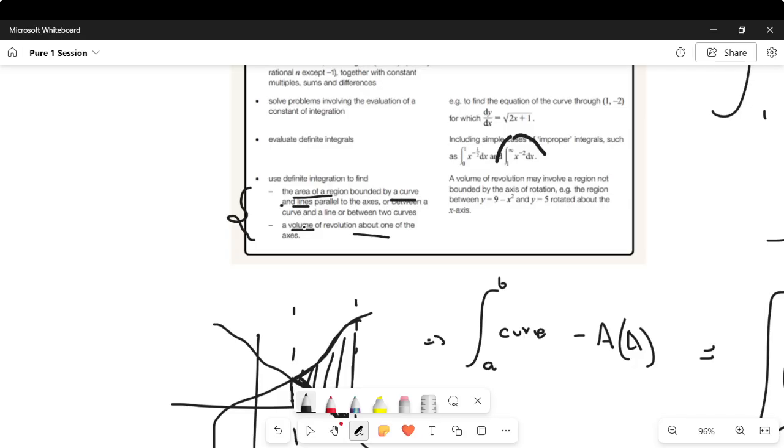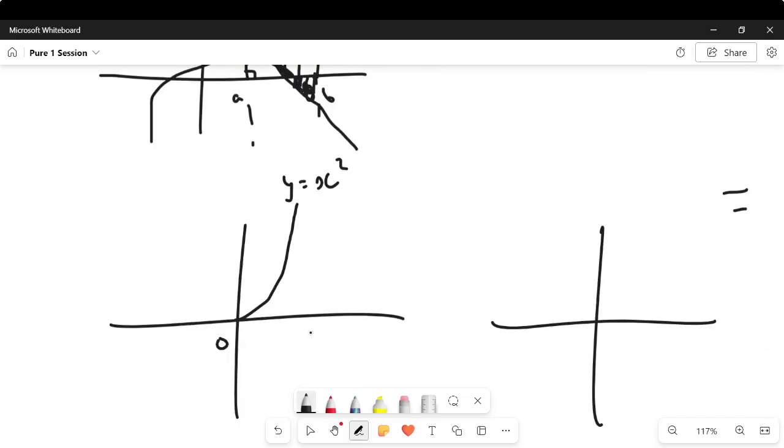Let's say this is 0, and this over here is 1, and they ask you to find the total volume formed when this shaded region is rotated about the x-axis.